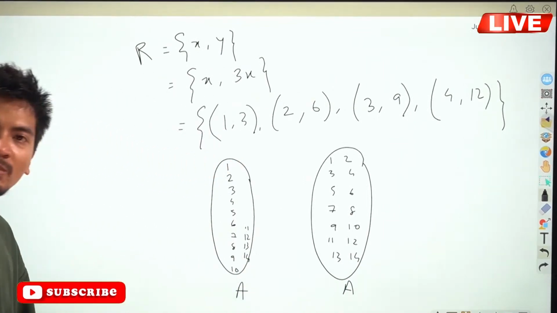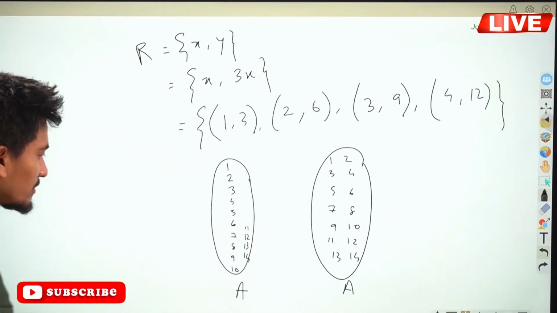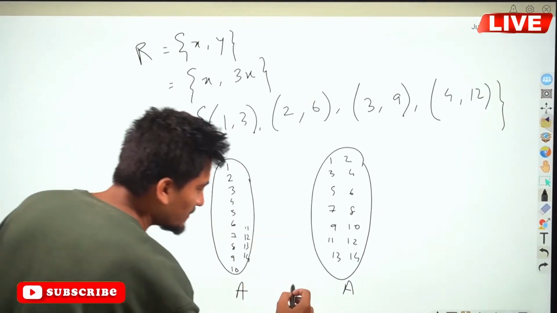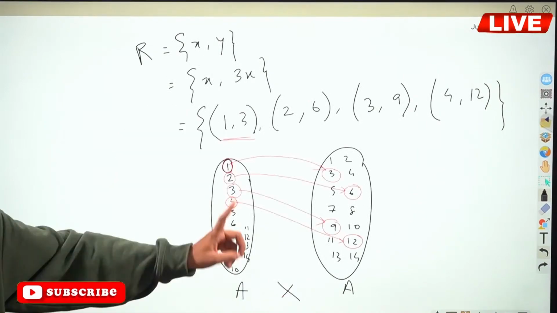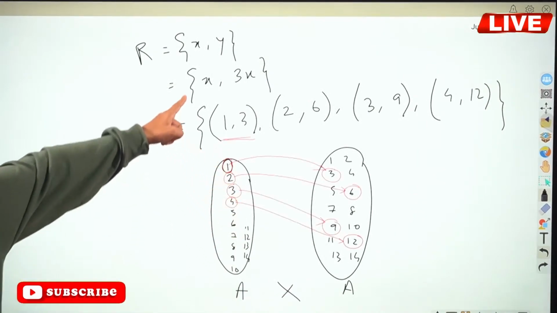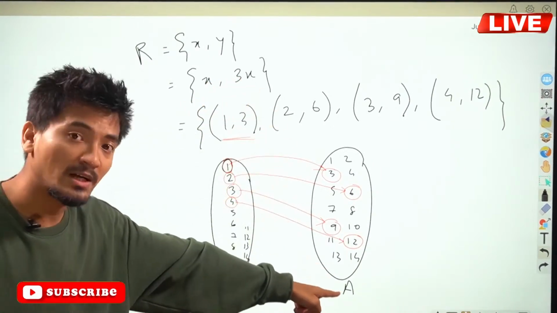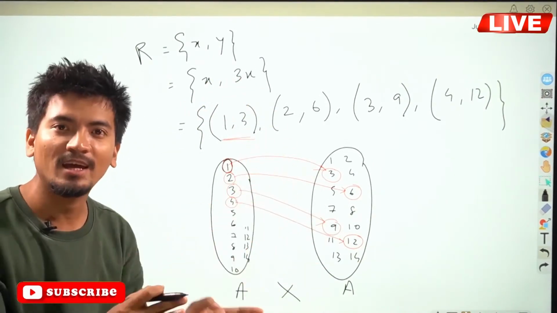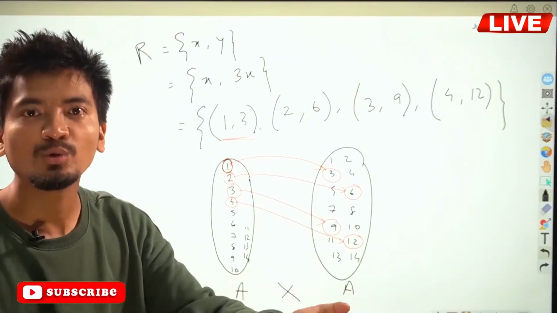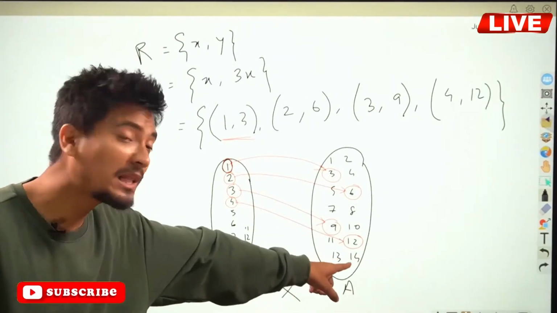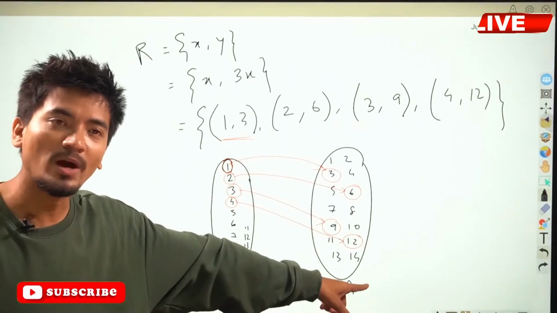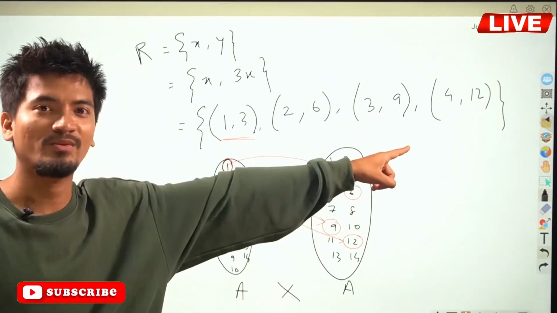Okay. Now see here. If we have taken 5 here, then 5 threes are 15. Does the set A have 15? No, it has only elements till 14. So that's why we cannot take 5.